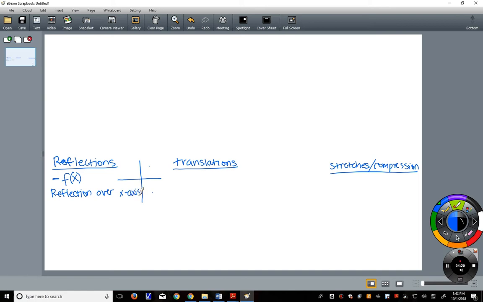I'm saying it's over the x-axis, but the negative is actually affecting the y values. That's what would make something jump to the other side of the x-axis, is to change the y value to the opposite. So the other option for the reflection is if that negative were inside multiplying x before you ever did the function, so before you rounded, or before you took the square root or the cube or whatever you were doing.